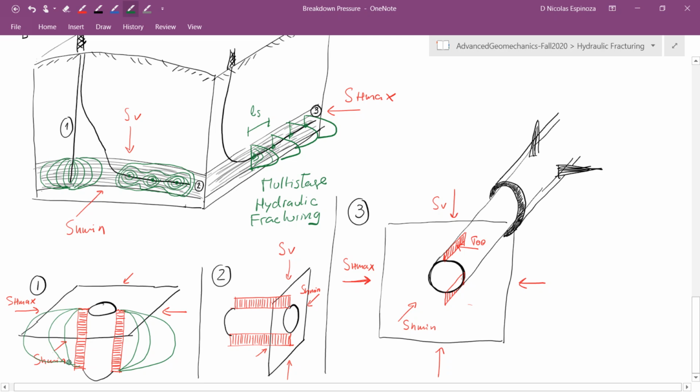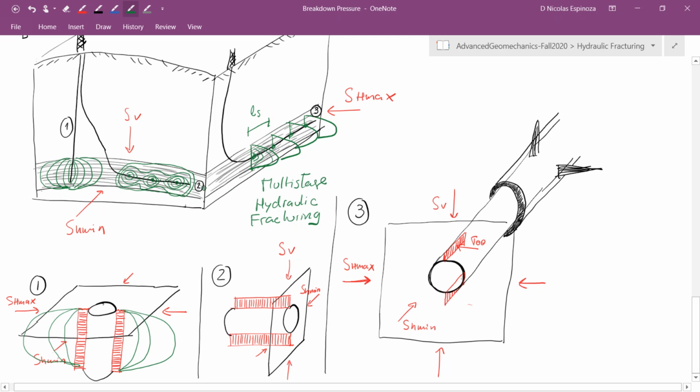And this is exactly what you see in case number 1: if I were to start a hydraulic fracture from an uncased open hole wellbore, in this case, the fracture would tend to grow perpendicular to SH min. That's what we would expect for the ideal orientation of a planar fracture.